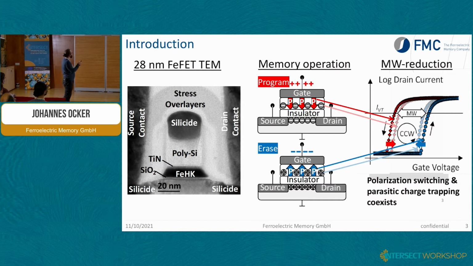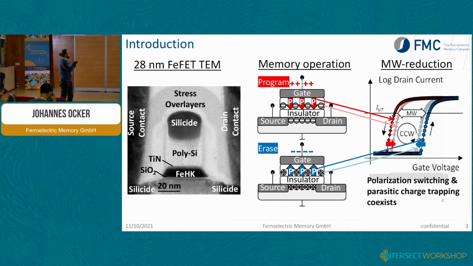We call this the program state, and then there's the erase state, where the silicon surface is in accumulation, and then the transistor draws no current. So you have two states, one conductive state and one non-conductive state. You can see this here as the ID-VGs, which we call the transfer characteristic of the transistor.